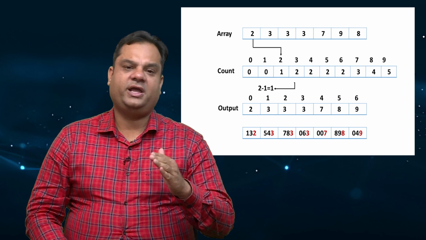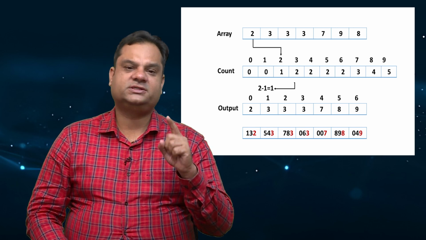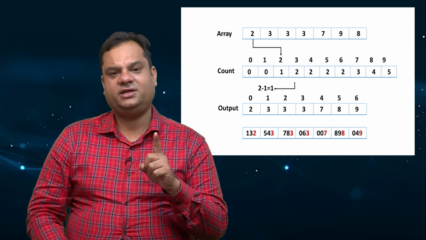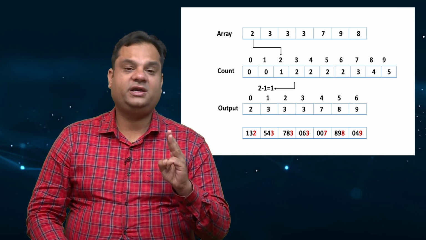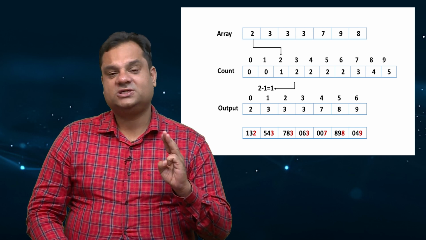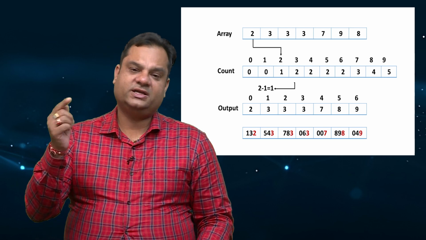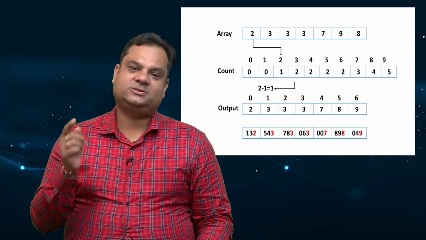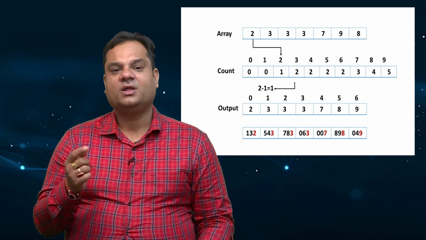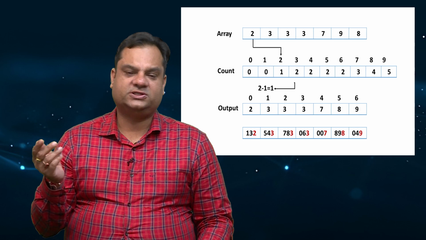So after applying it on the ones place data, what will you get? You will get first number digit is 2, then the second number digit is 3, then again 3, then again 3. Here we have 3 data items whose last value is 3, the ones place value is 3. That's why all 3s are in the same segment. When we have the same data, as per the first come first serve principle, the data that came first will be placed first.